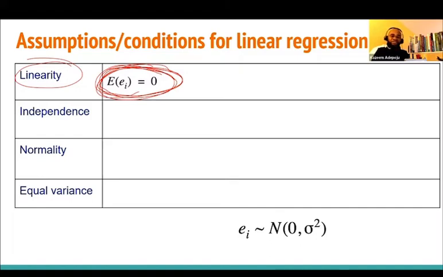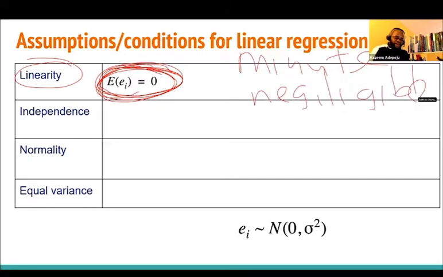What is the reason why you don't include them in your model? You don't include them because you are assuming that their effect is negligible. Their effect is minute, negligible, very small.